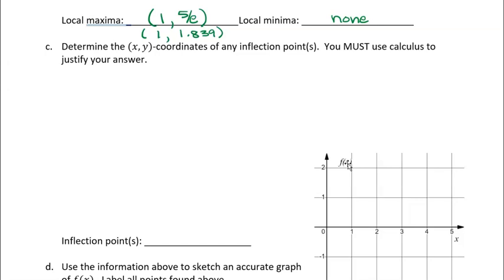And so for inflection points, we're going to need the second derivative. So even though we avoided the second derivative by using the first derivative test in part B, now we're going to need the second derivative.